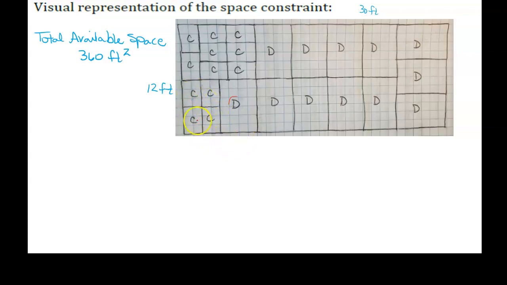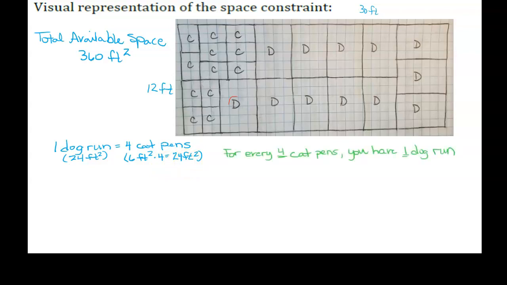So if we put 4 cat pens together, that is equivalent to the size of one dog run. And so that's helpful to us if we're looking at this in terms of a table. So again, to recap that, one dog run, which is 24 square feet, is equal to 4 cat pens, which are each 6 square feet. 6 times the 4 cat pens would give us that total combined area of 24 square feet.